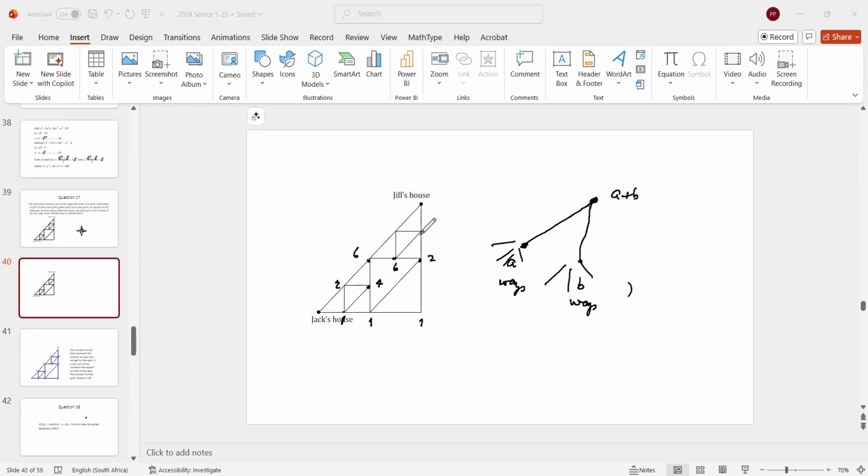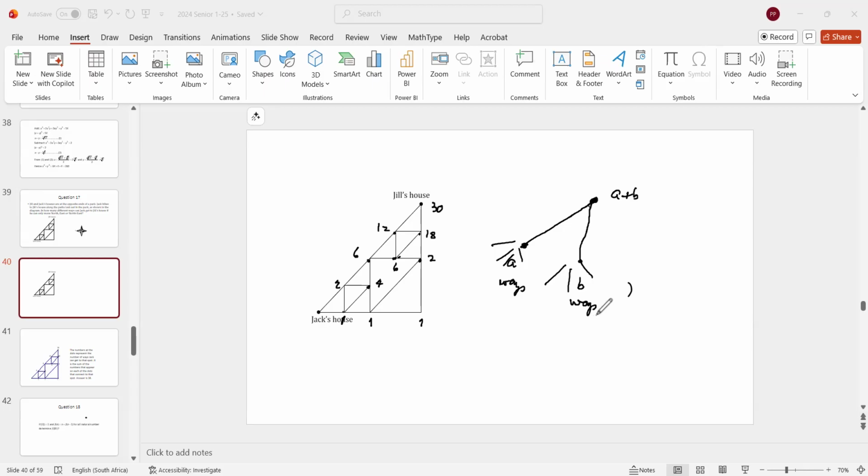Now to get to this, it has to be 6 plus 6. It gives you 12 here. So to get to this, there are two ways, only these two paths. And in this case here, you've got 12 plus 6 plus 2, which is 18. So therefore, 30 ways.